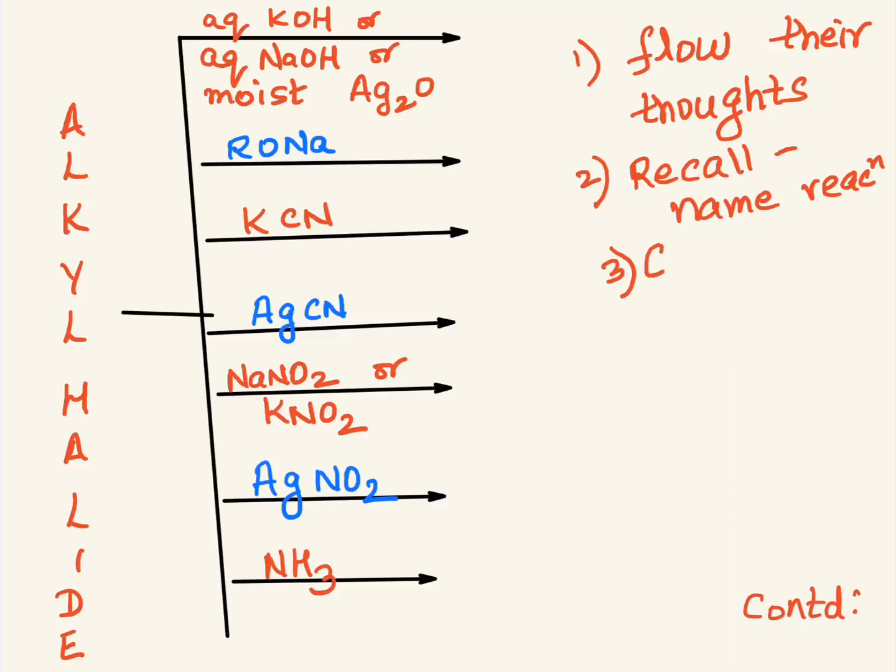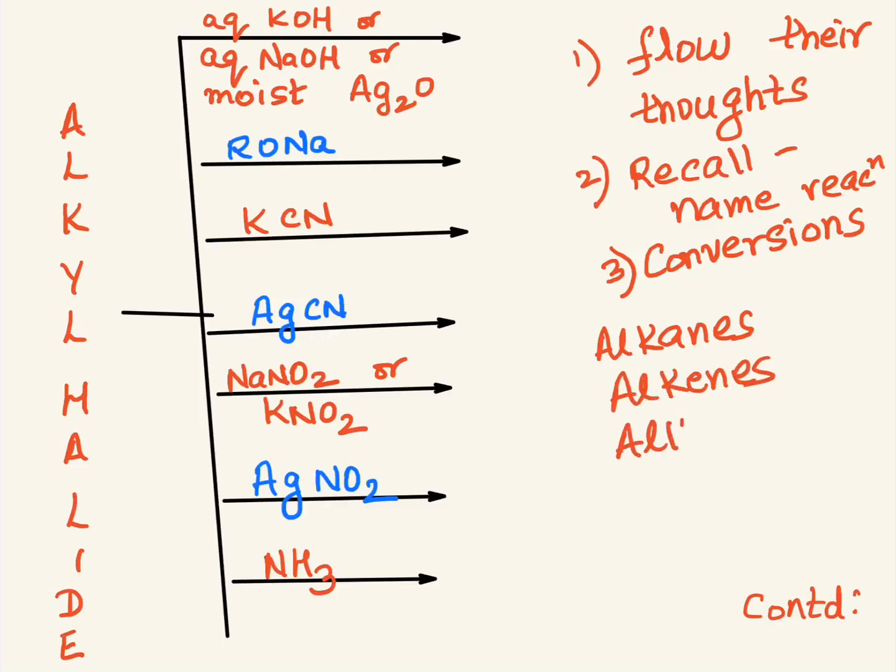And they also are really, really helpful in conversions. Let's see how they help you in this. For those who have been following the channel earlier, you will have realized that I've already loaded the flowchart for alkanes, alkenes, alkynes. Their preparation and properties are already there on the channel.